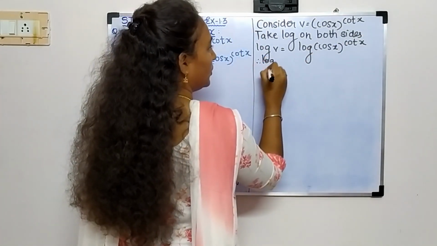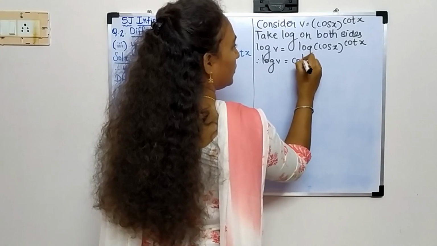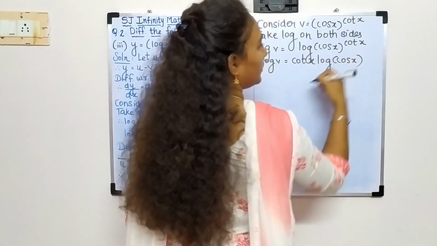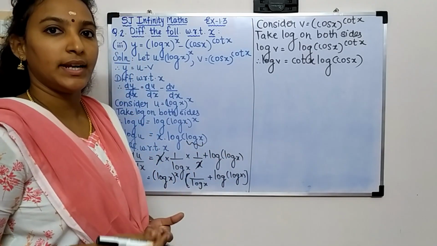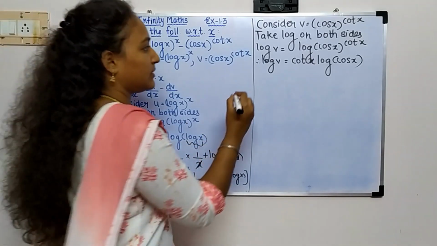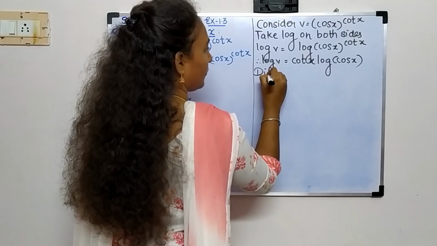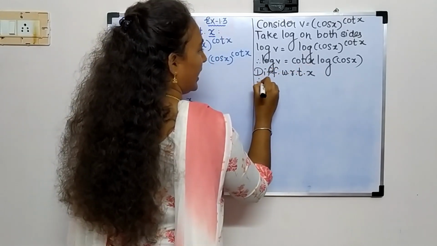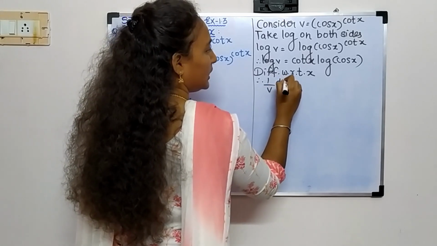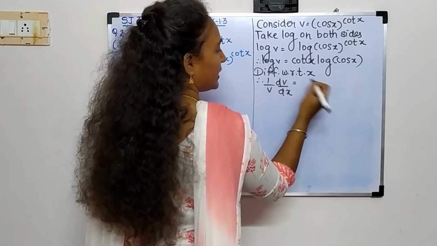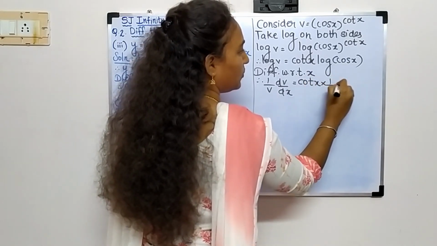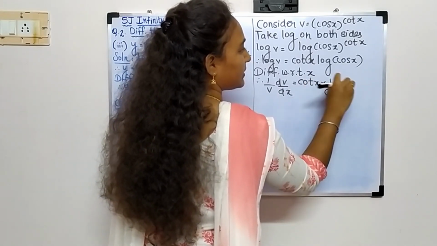Therefore, log v becomes cot x into log of cos x. Now we can differentiate this with respect to x. Therefore, 1 upon v dv by dx is equal to cot x into 1 upon cos x.